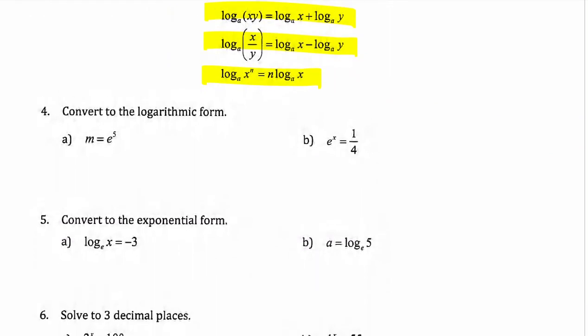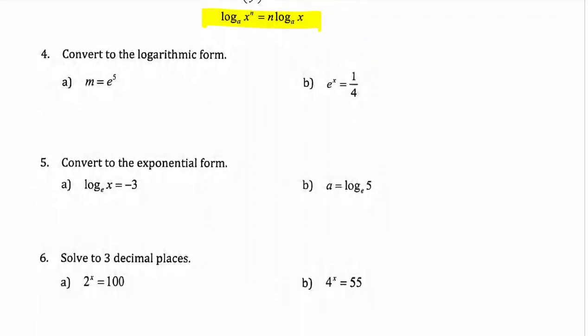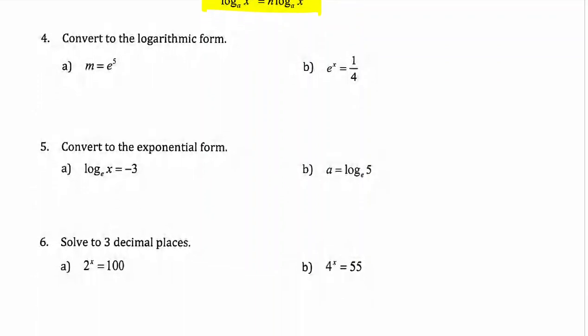Convert the equation into logarithmic form. They're in exponential form, which means the e that is the base will be the base of the logarithm, and it will slide across to the other side. It'll be log base e of m, because the e slides across to the other side and becomes the base of the log with the m, and that is going to be equal to 5.